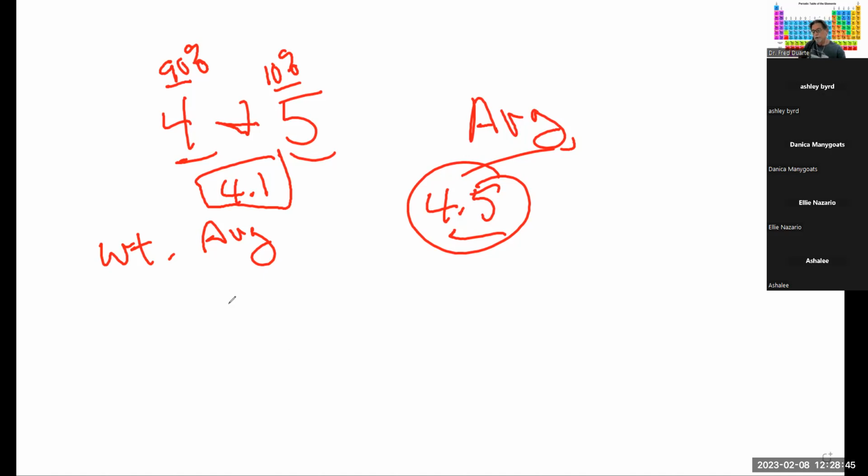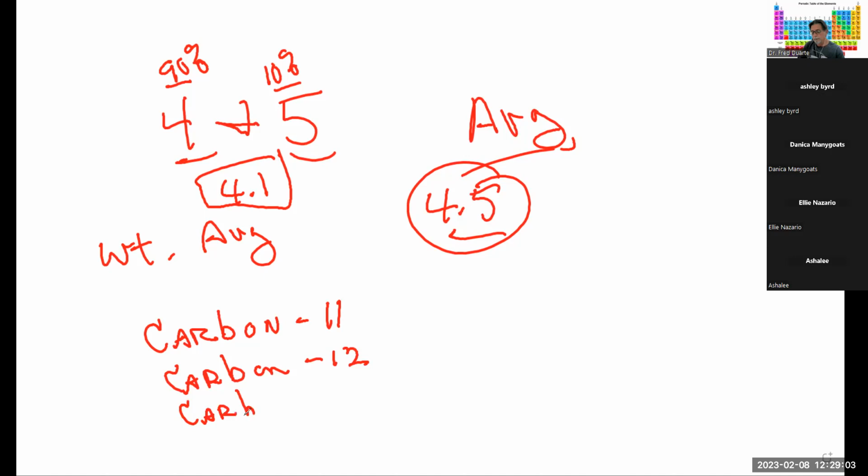So let's go back to the elements. We have carbon, 4 types of carbon. And we denote it by carbon hyphen 11, carbon hyphen 12, carbon hyphen 13, and carbon hyphen 14, okay? Now, all of them are carbon. All of them are carbon, okay?